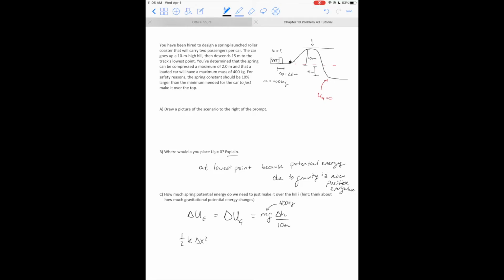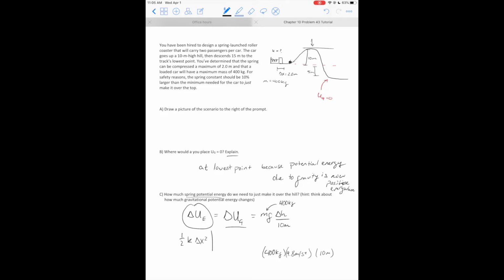So really, I don't even need to solve this portion yet. I don't need to know what k is. I'm really just saying all of my change in gravitational potential energy is coming from my change in elastic potential energy. So how much spring potential energy do we need? Well, we need 400 kilograms times 9.8 meters per second squared times our 10 meters of height difference there.